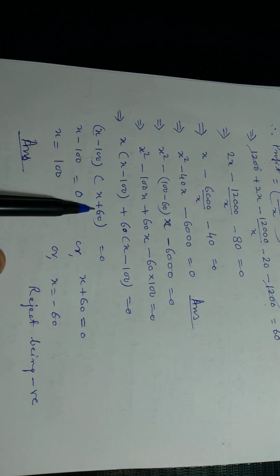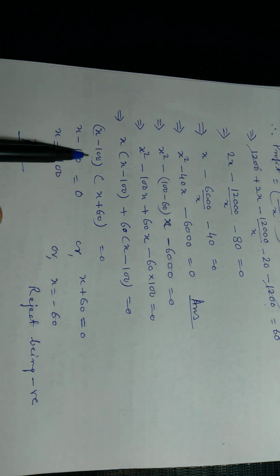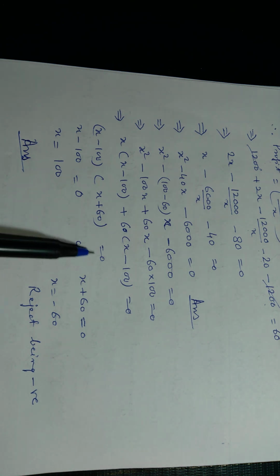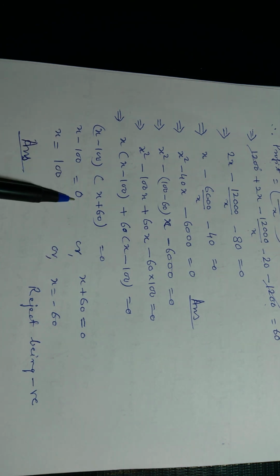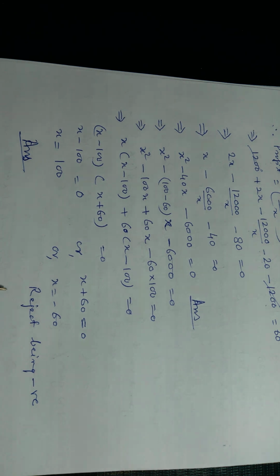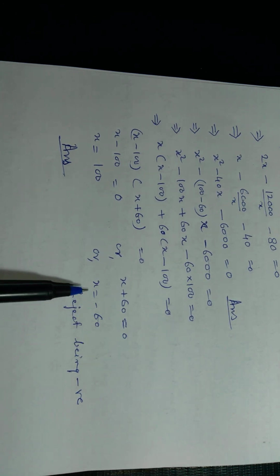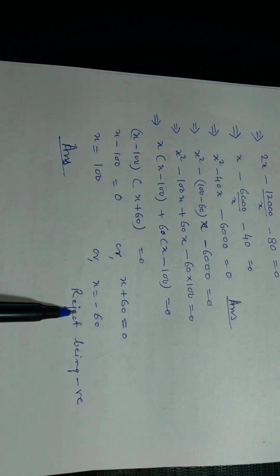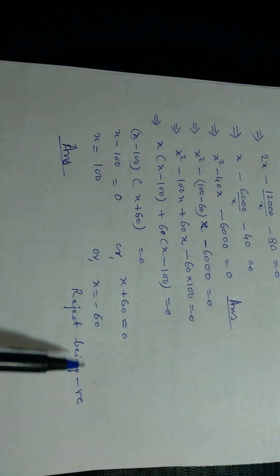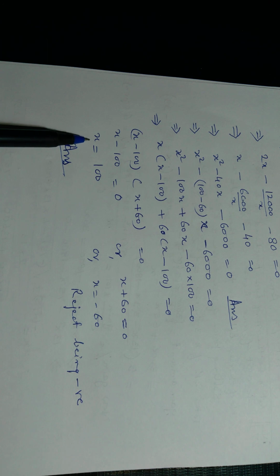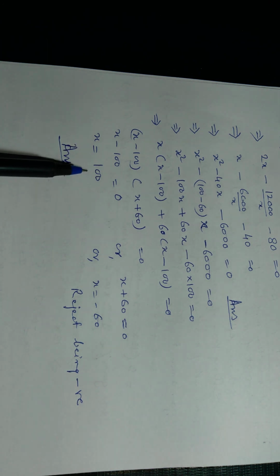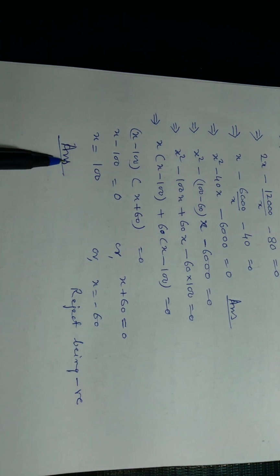So there are two factors whose product is 0. Therefore x minus 100 is equal to 0, x will be equal to 100. Here x plus 60 is equal to 0, x will be equal to minus 60, it will be rejected being negative. So our answer will be x equal to 100.